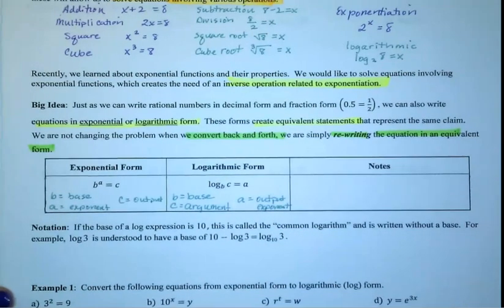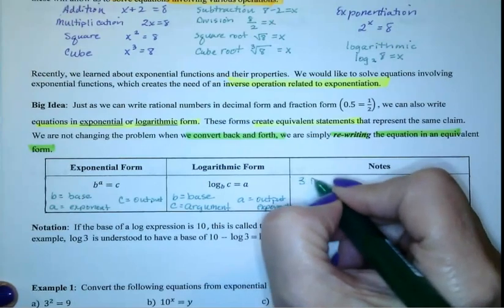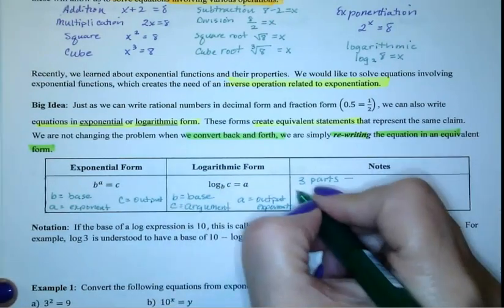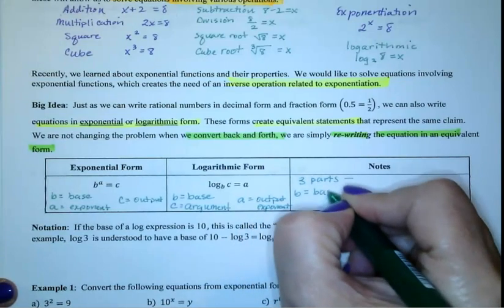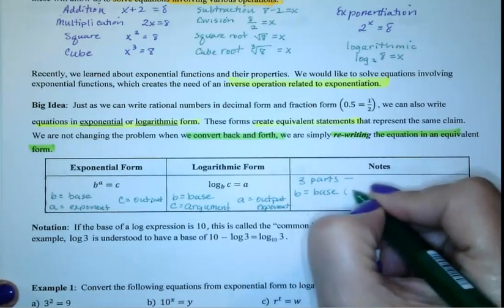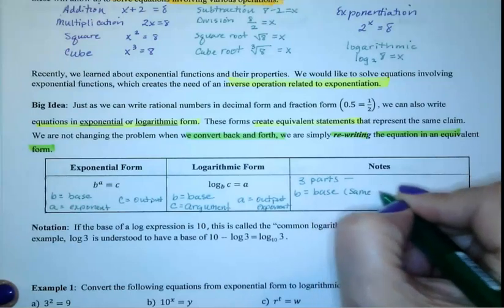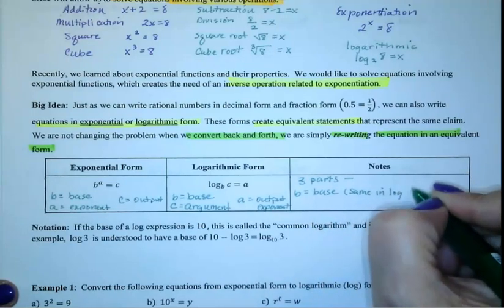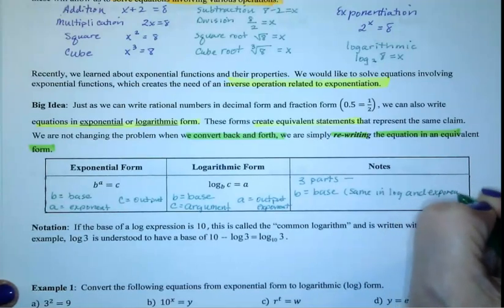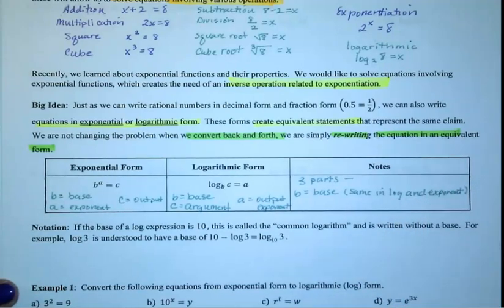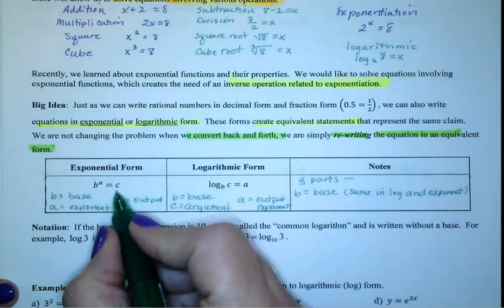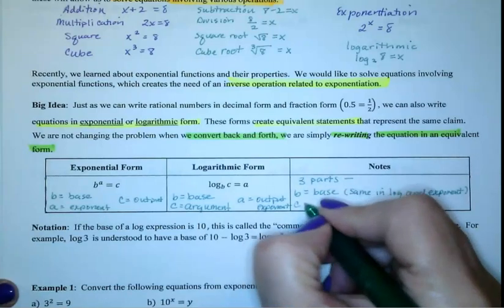Okay, so there are basically three parts to a log, and that's what we're talking about here. So we have b, which is the base, and the base of the exponent would be the same as the base of the log. Okay, and then we have this c, which is the argument in the log, but the output to the exponent.